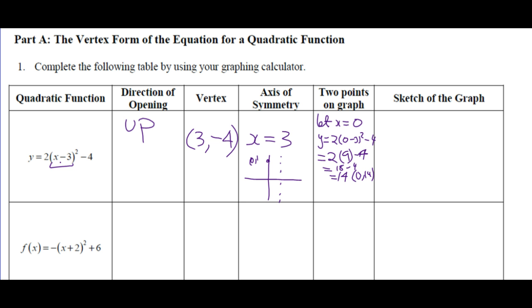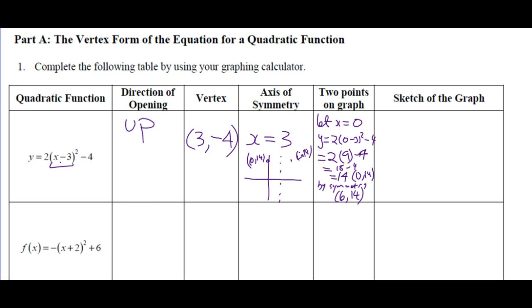We have (0, 14). What gives us a 14 over here? 3, 0, 6. So by symmetry, another point is (6, 14).